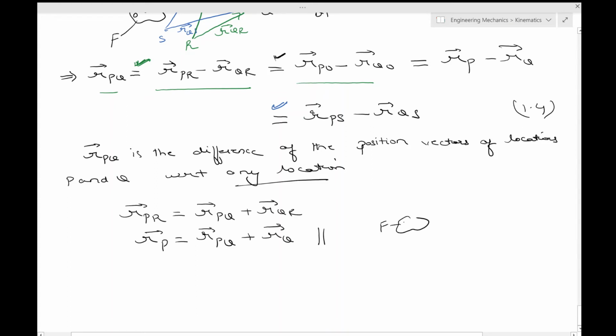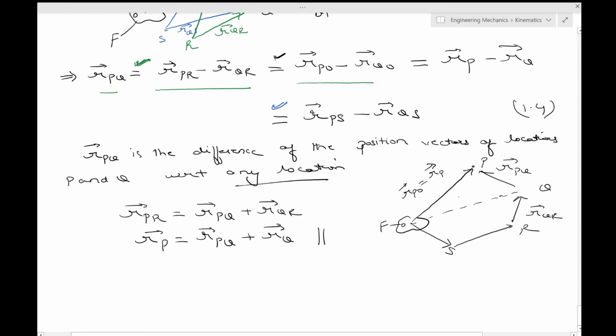This is the F frame, this is O, and then you have this point P. So this point is S. So let me just write out all these vectors: RR, RS, RSO.